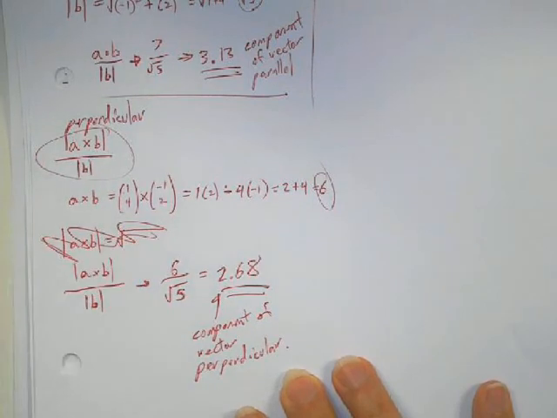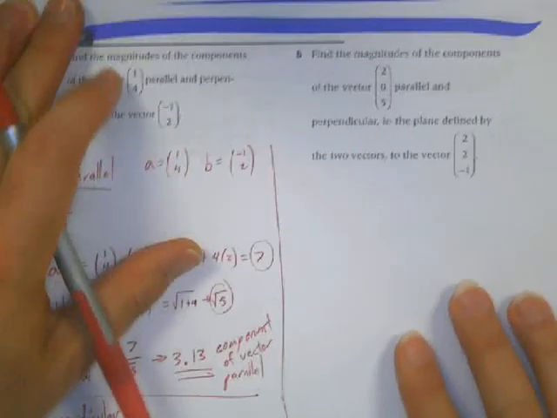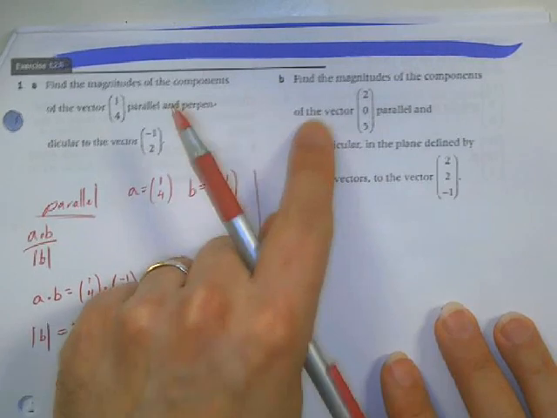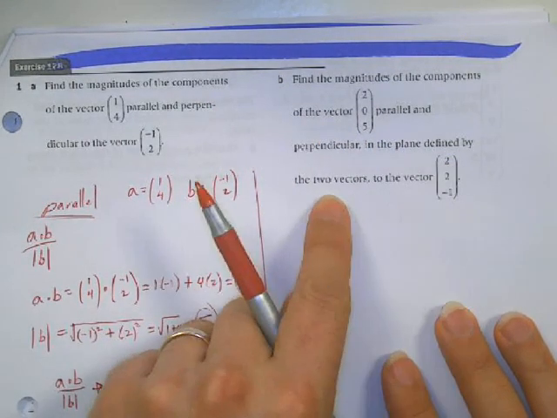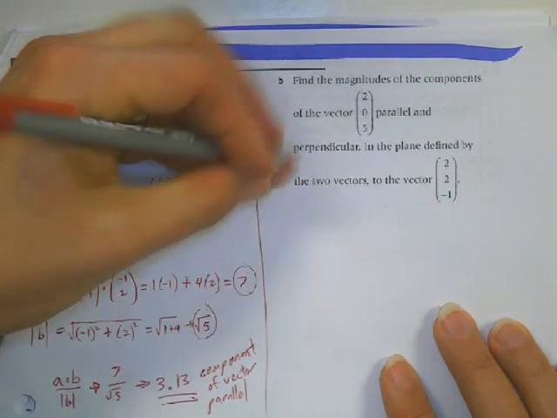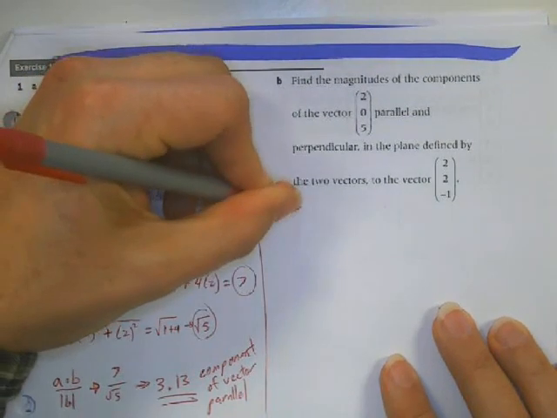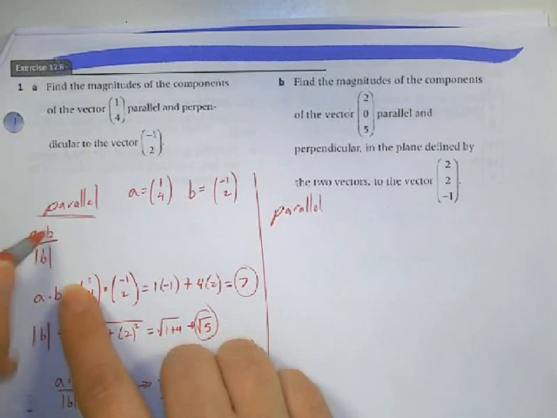All right, now we're going to do the other page. Okay, we need the magnitude of the components parallel and perpendicular to this plane here. If it's parallel, we know it's going to use this formula, right?